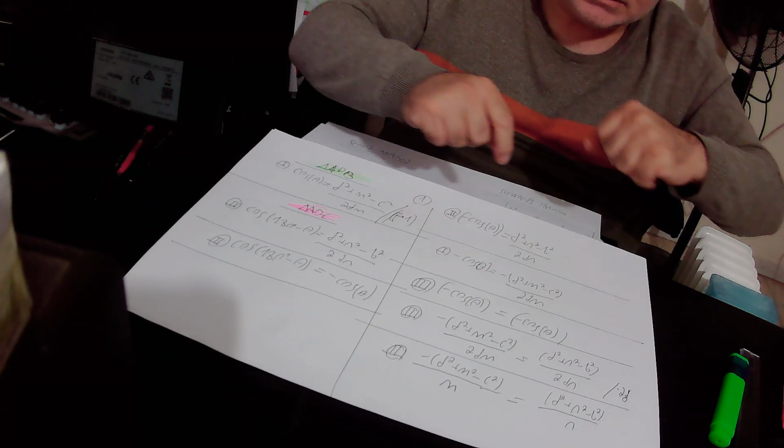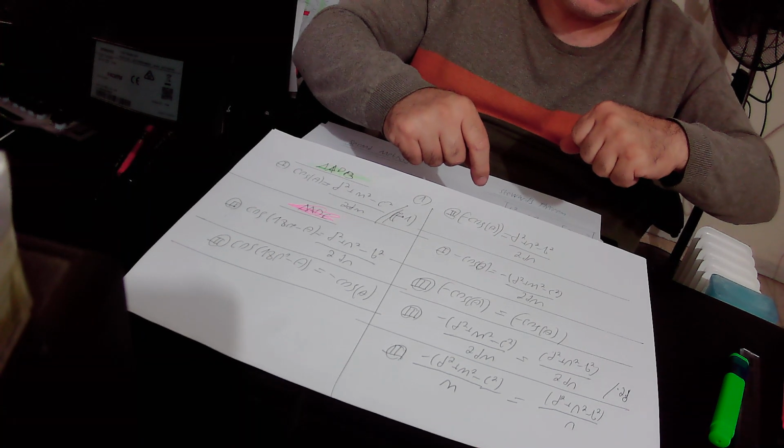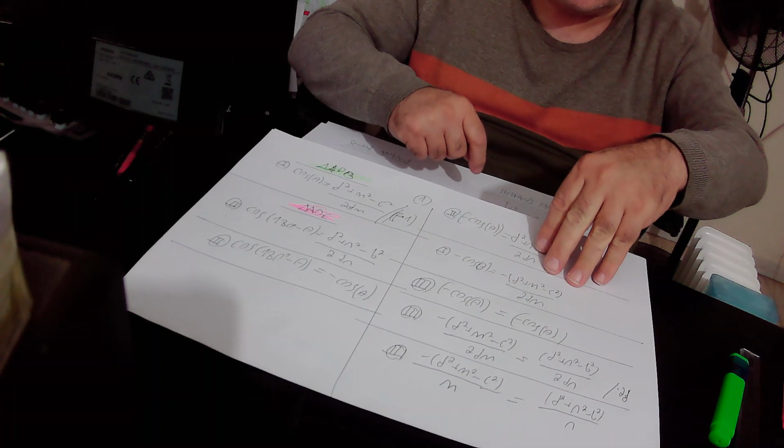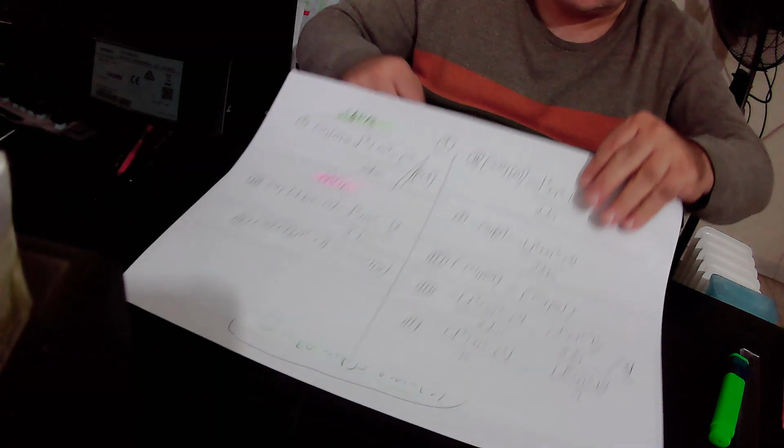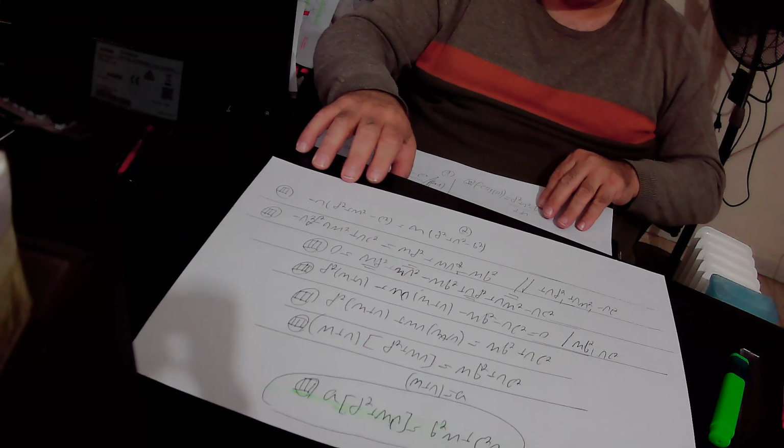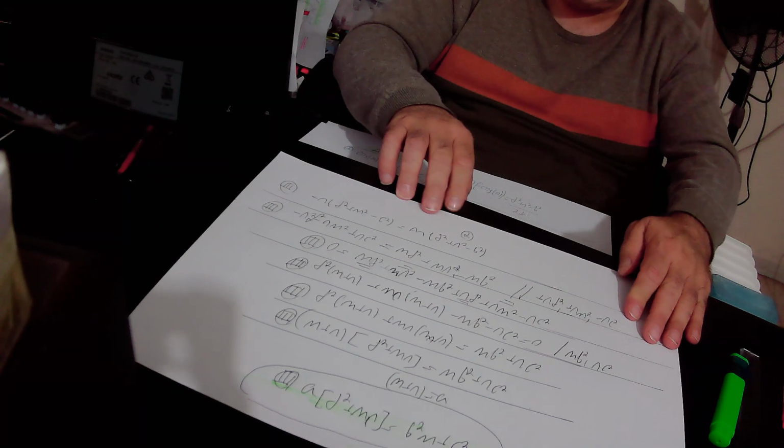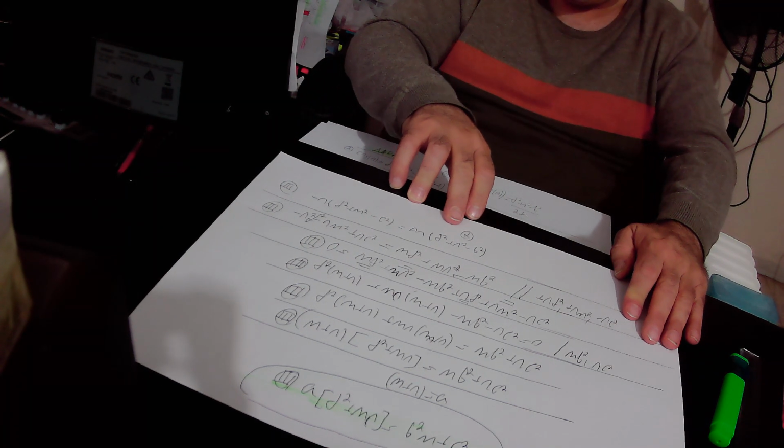Then of course we multiplied equation number 3 by M and N, and found that according to equation number 3, minus N times D square plus M square minus C square equals M. Inside the brackets we have D square plus N square minus B square.